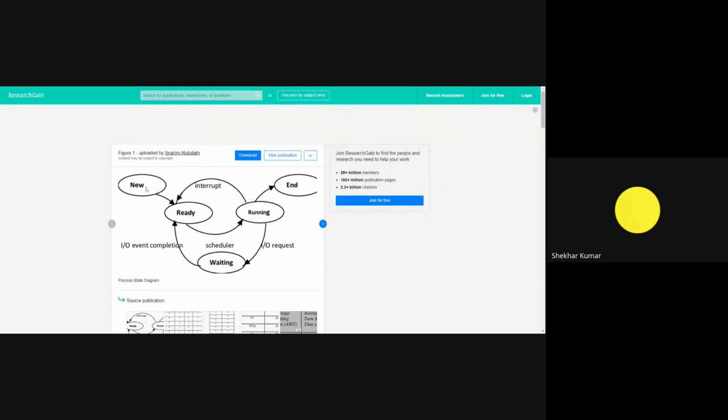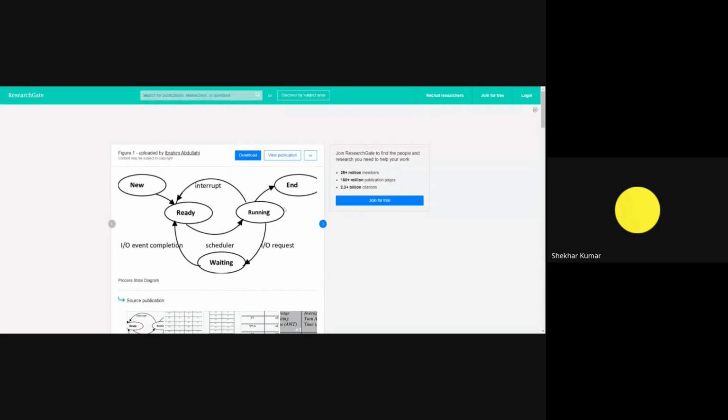In the new state, the process is swapped in from the secondary storage to the primary, and after that it is moved to the running state in the main memory, in the processor. After execution, it is swapped out from the main memory, and it is again in the secondary storage.